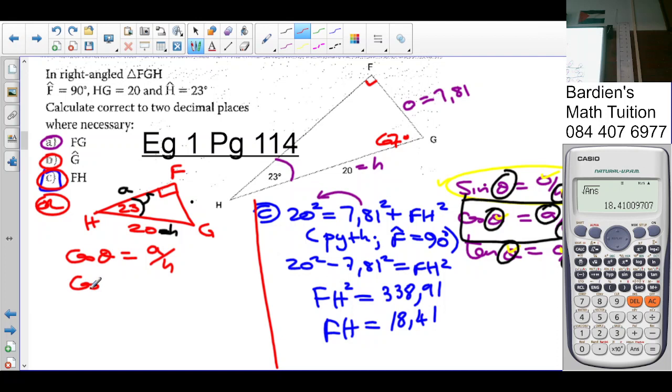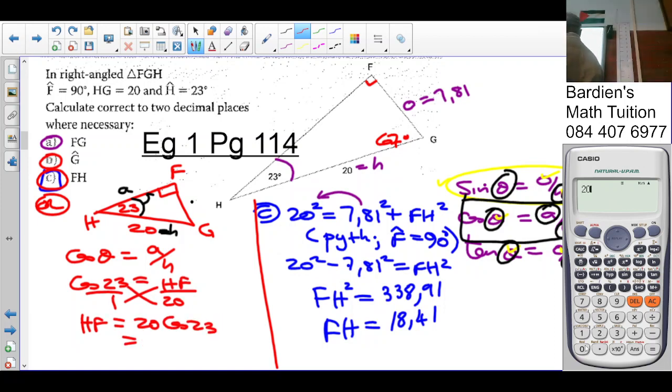So cos theta equals the adjacent, which is HF, over hypotenuse, which is 20. That's over 1, cross multiply. So HF is equal to 20 cos 23. You put that in the calculator. 20 cos 23 is going to give us 18,41. Can you see that? Either way you'll get the correct answer and the full mark for it. Okay?